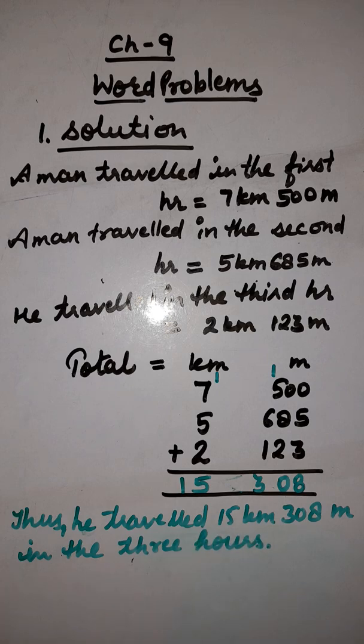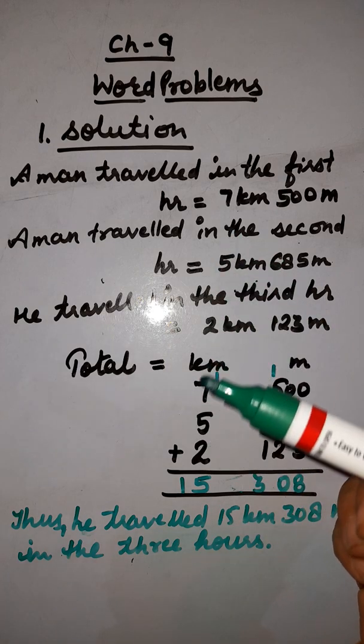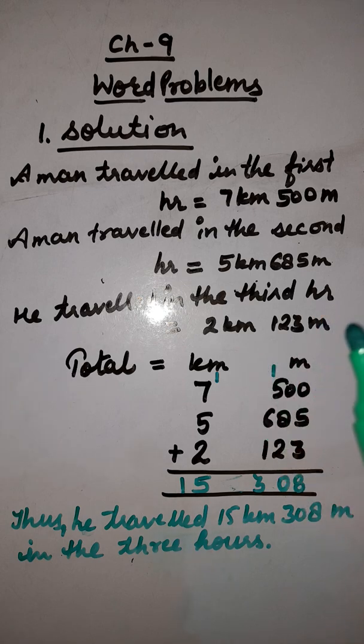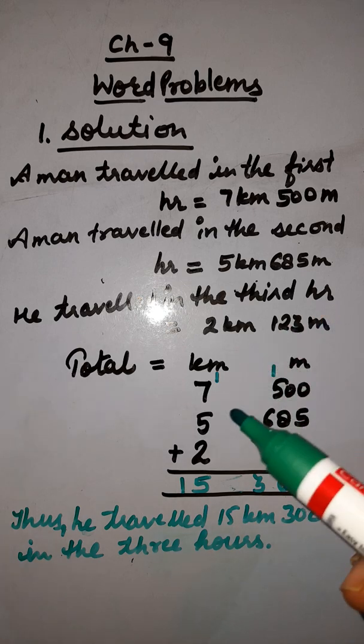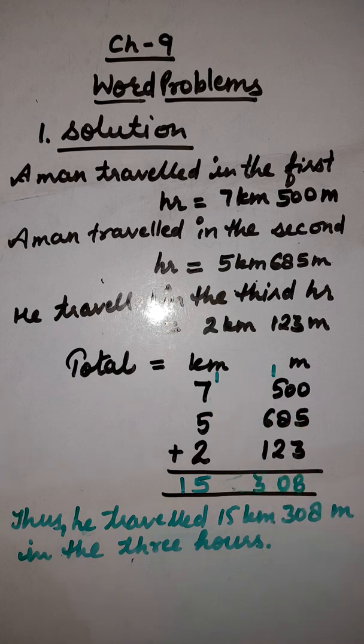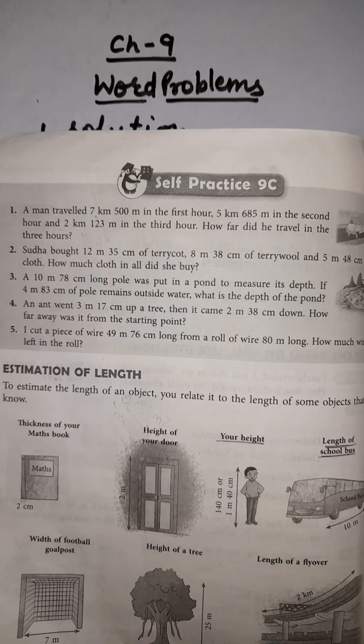Okay? Understood everyone? First, we'll write this statement. After that, according to this statement or according to the questions, we will find out the answer or we'll solve the problem. Right? Okay, students, come to the next question. This is question number 2.